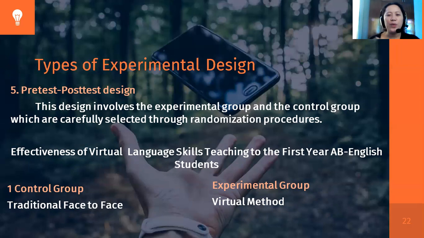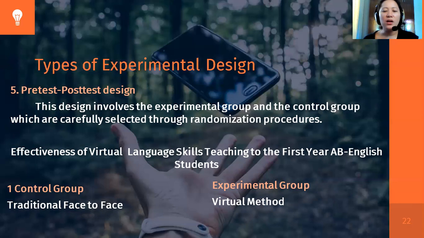So you will give both of the groups, both the control group and the experimental group, a pre-test. So you will conduct a pre-test to all of them. And after, you will separate them. The first group will have a face-to-face class. And the second group will go home and we will just have the virtual class.